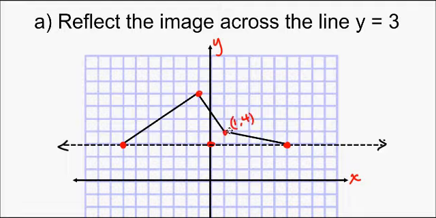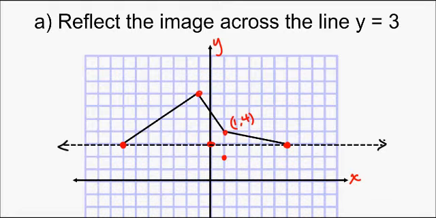And (1, 4) is actually 1 unit above my line y equals 3. So I want to draw another point that is 1 unit below y equals 3. So that's right here.